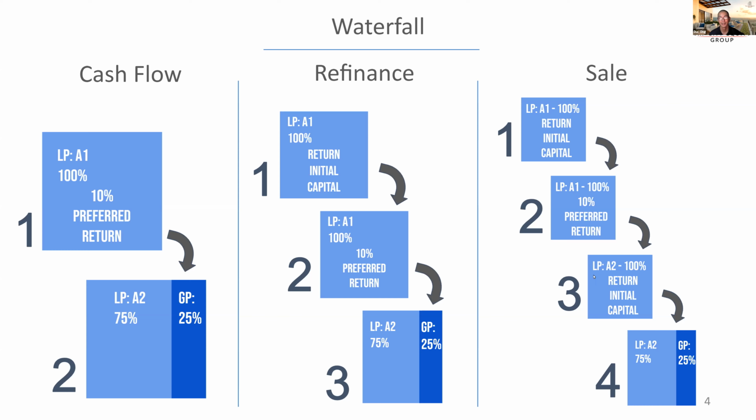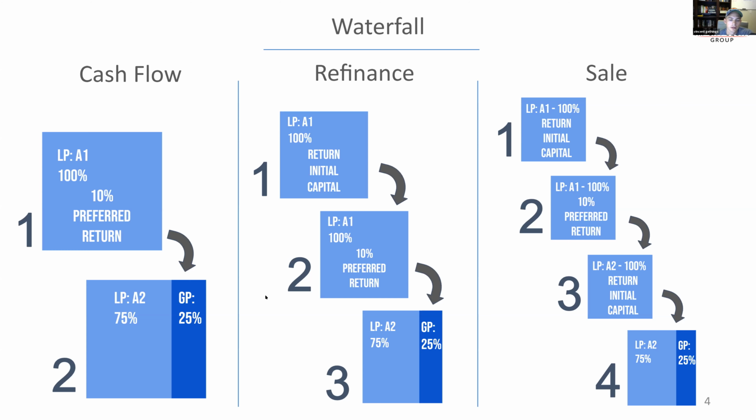Okay. I see. I guess I was thrown off a little bit by the cash flow block where LP A2 would get 75, GP gets 25. I honestly thought the GP would get their cut after LP A2 would get their capital return, but we're sharing, right?